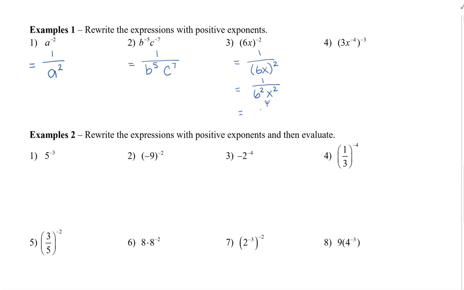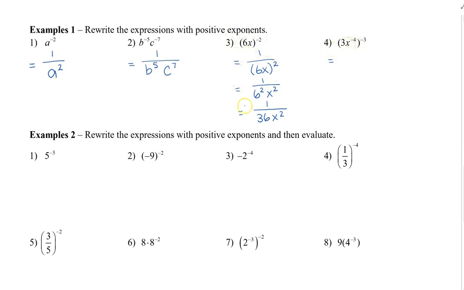And if we want to simplify it even more, we can write this as 1 divided by 6 squared, which is 36, times x squared. So notice the 2 is applied to both the 6 and the x when we use the power of a product rule.